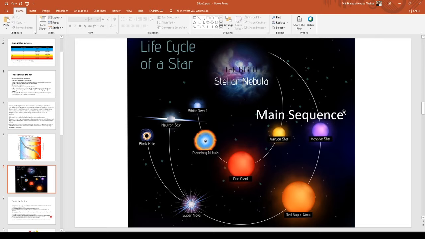So for a small low mass star, it's nebula to main sequence to red giant to white dwarf. You don't need to write planetary nebula in the exam, but you can write it if you want. For a massive star, it's nebula to main sequence star, that is the stable state, to red supergiant, to supernova, then either a black hole or a neutron star.